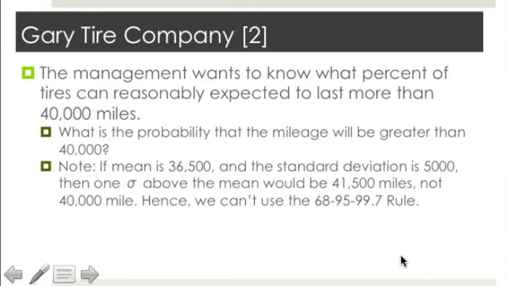Now, keep in mind, if we know, as we do, that the mean is 36,500 and the standard deviation is 5,000, then 1 standard deviation above that mean would be 41,500 miles, not 40,000, which is what we are interested in. So because of this, we can't use the 68, 95, 99.7 rule because we are not exactly 1, 2, or 3 deviations away from the mean.